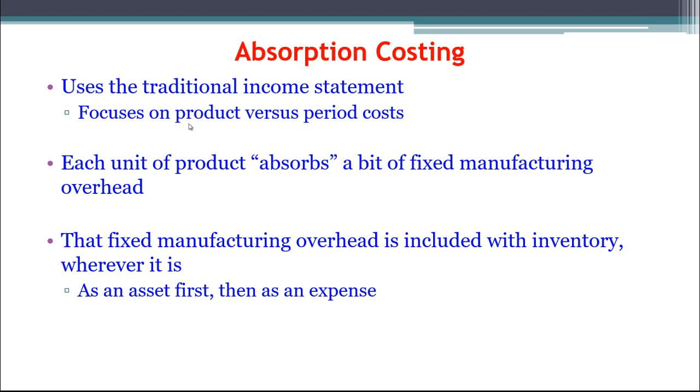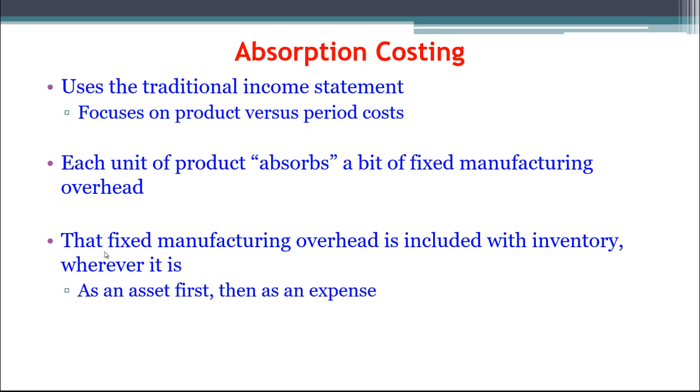The difference between above and below is whether it's a product or period cost. And under this method, every unit of product absorbs a bit of that fixed manufacturing overhead. So fixed manufacturing overhead is considered a product cost under the absorption costing method.